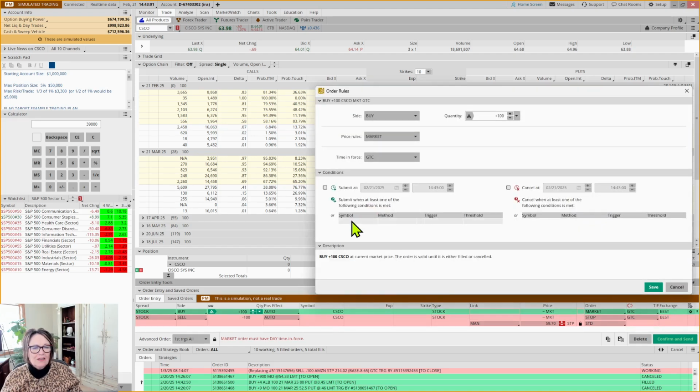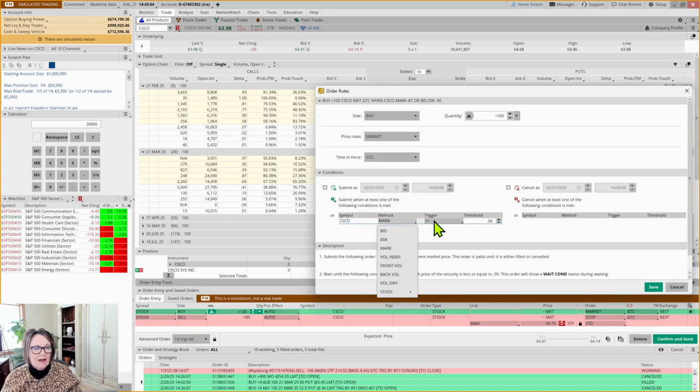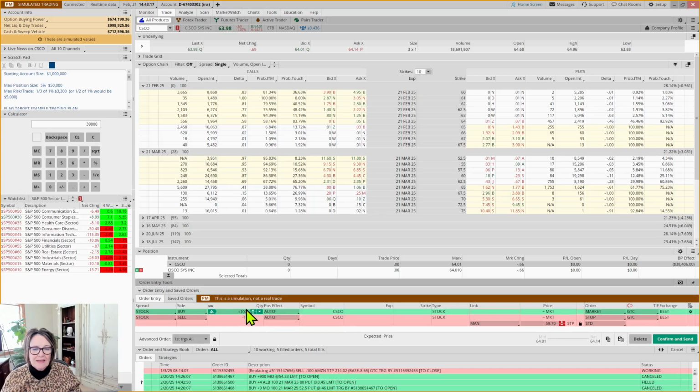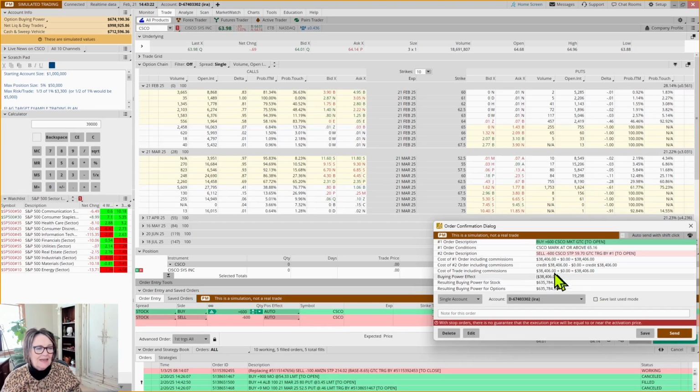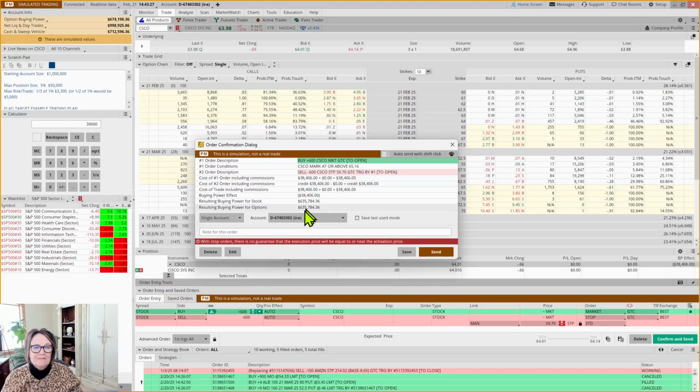And our condition is that we only want to buy 600 shares of this stock if it goes above 65.16. So we're going to hit save on that, and we want to buy 600 shares. Confirm and send. So that's about a $38,400 position. We're looking to buy 600 shares if the stock goes above 65.16.